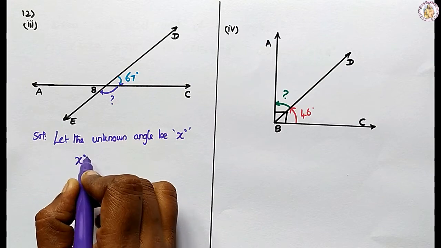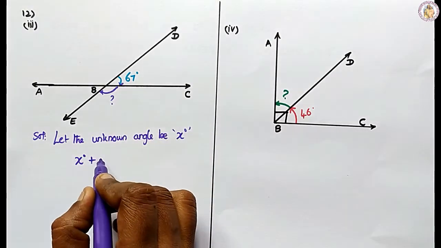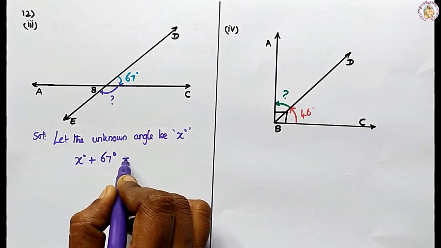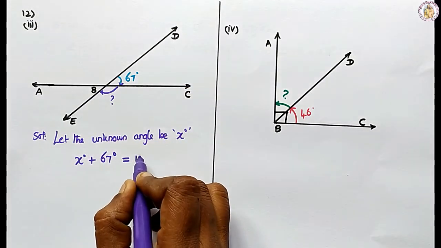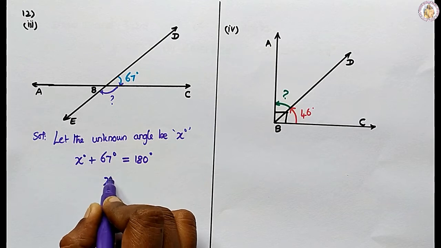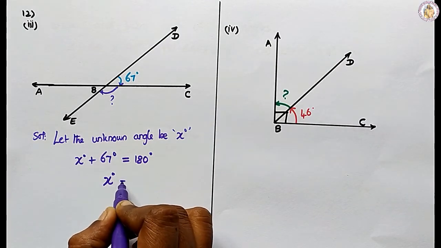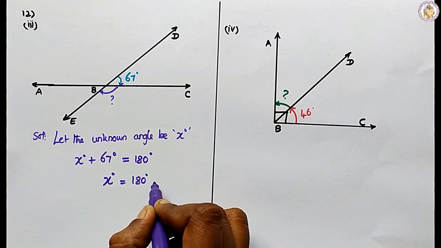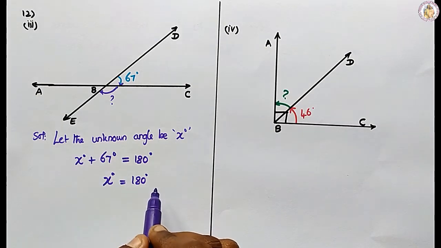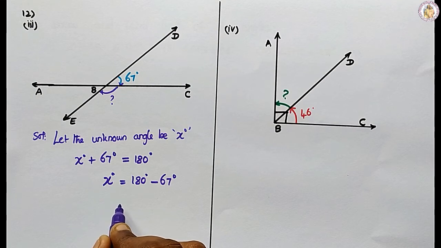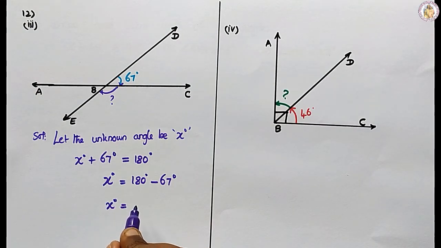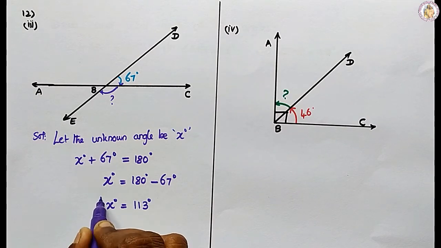So x degree plus 67 equal to straight angle, that is 180 degree. So x degree equal to 180 minus 67, that is 113 degree.